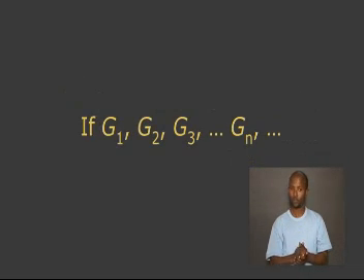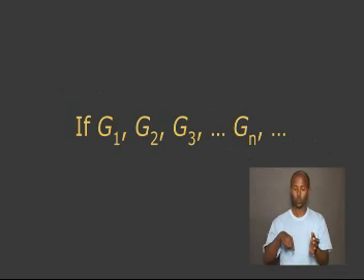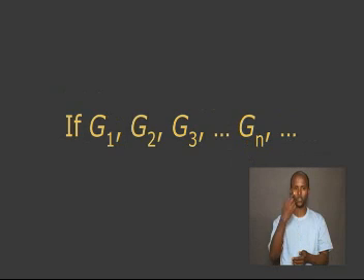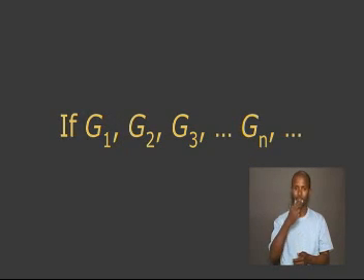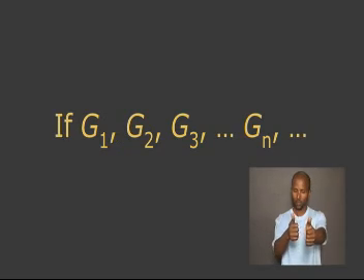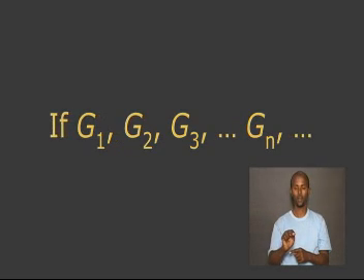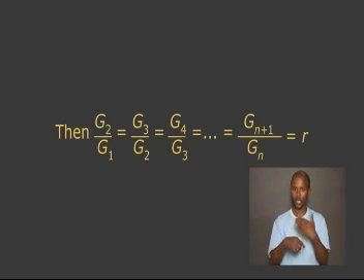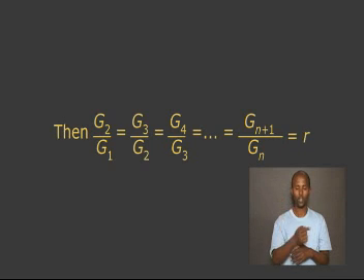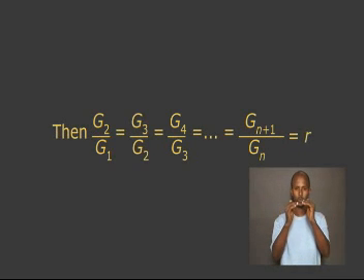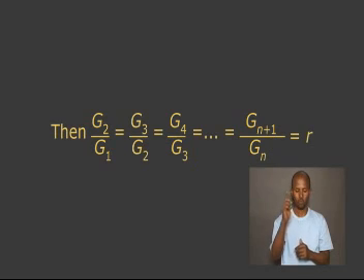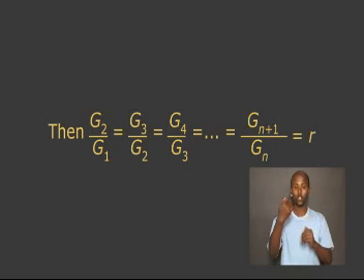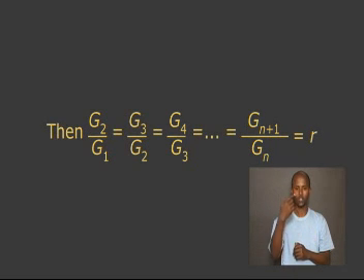From this definition, we can see that if G1, G2, G3, and so on to Gn is a geometric progression, then G2 over G1 is equal to G3 over G2, which is equal to G4 over G3, and so on.